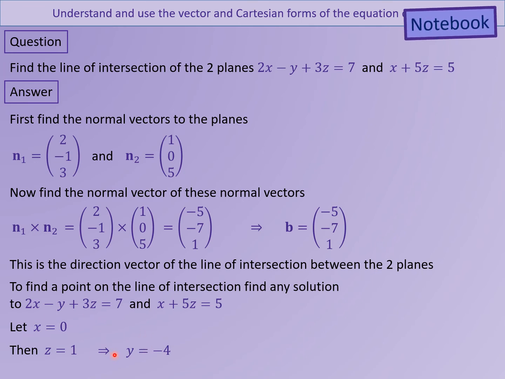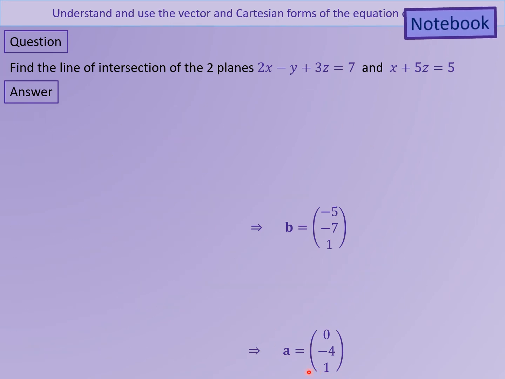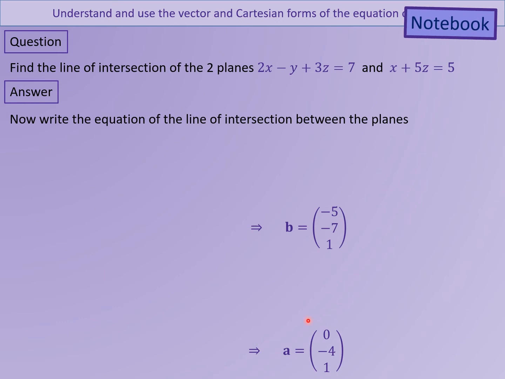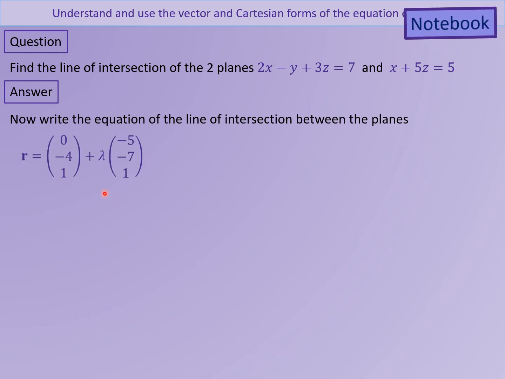That will be okay. Right, so there we go. I've got an a value, (0, -4, 1). That is a single point that lies on both the planes. If I substitute it in, now I can write my equation of the line: a plus lambda b. And there we go, I found the equation of the line of intersection between the two planes.